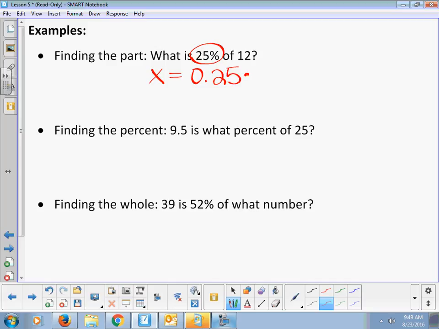Of means that we are multiplying, and we're multiplying by 12. When you multiply these two values together, what do we get? 3. So we know that 3 is 25% of 12.